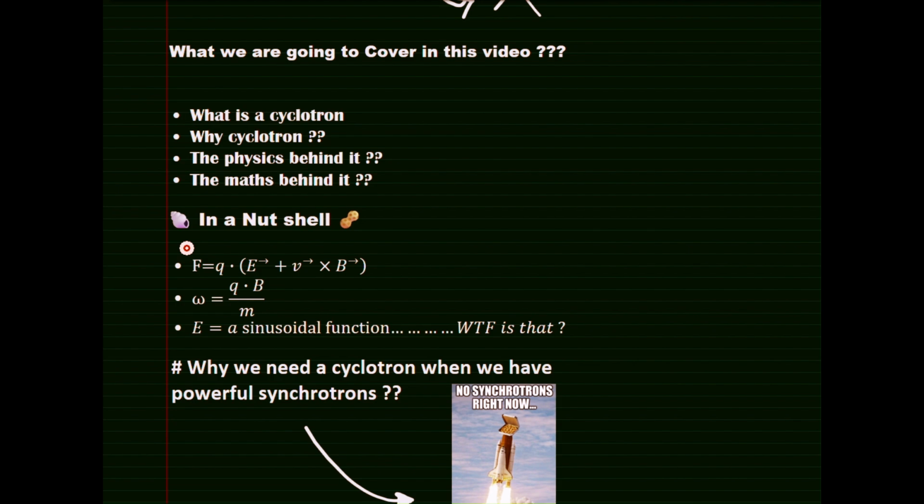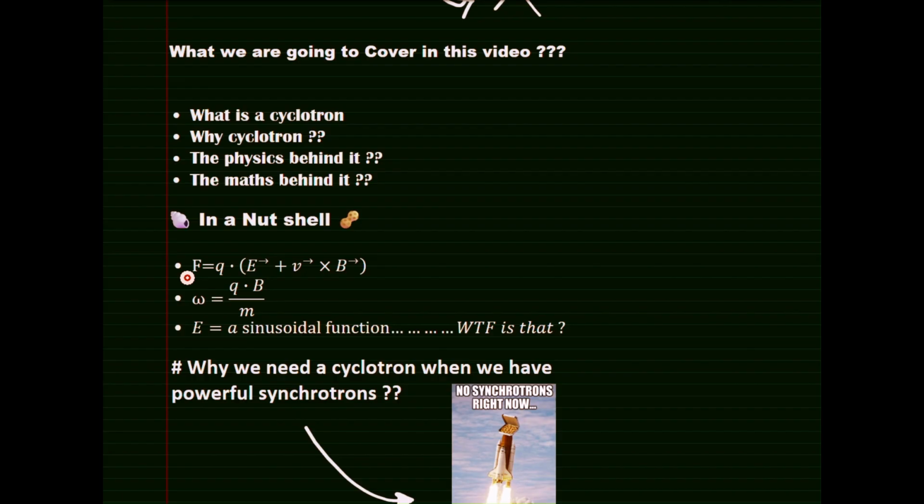It may have zero velocity, but if we accelerate it, it will gain it. What is omega? Omega is the angular frequency of the revolution around the D's of the cyclotron. What is a D? We will talk about it in the later part of the series.